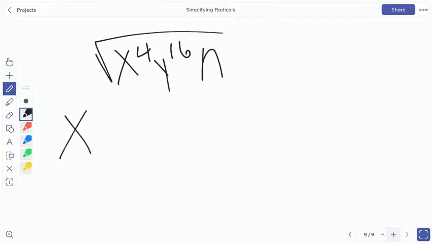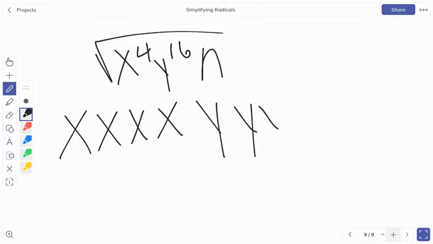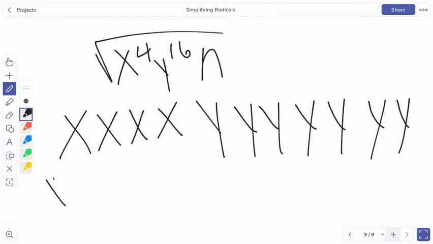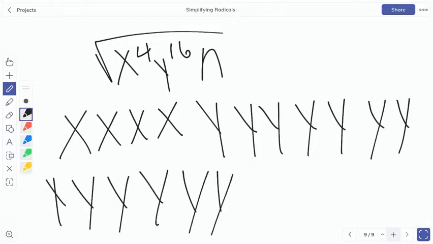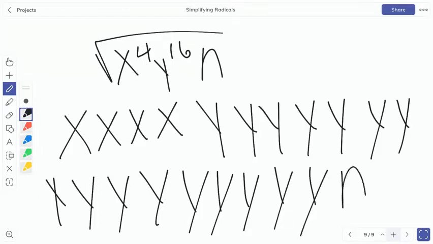We have 4 x's, 16 y's, and 1 n. Now we can group them into pairs.